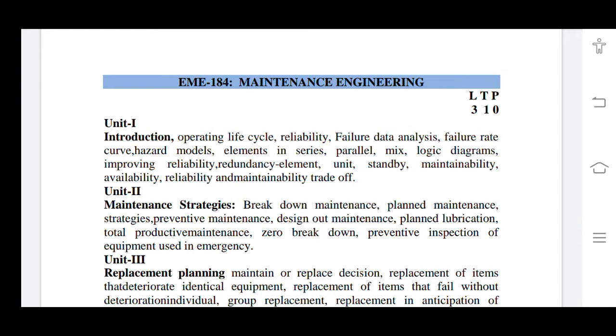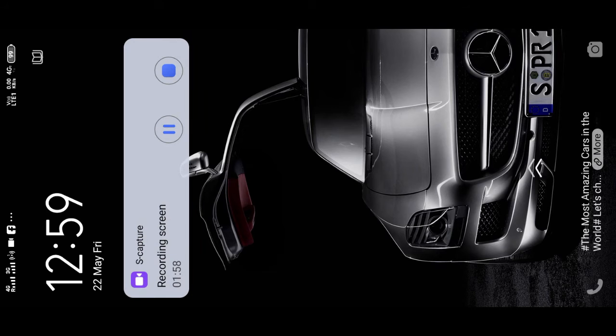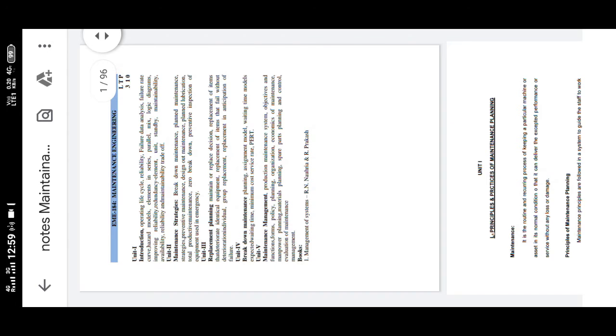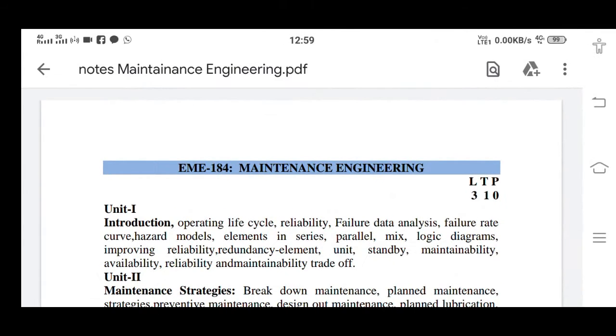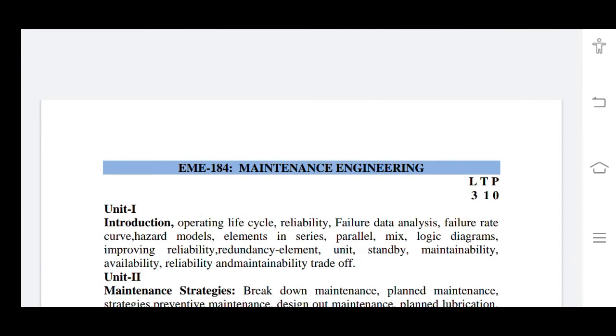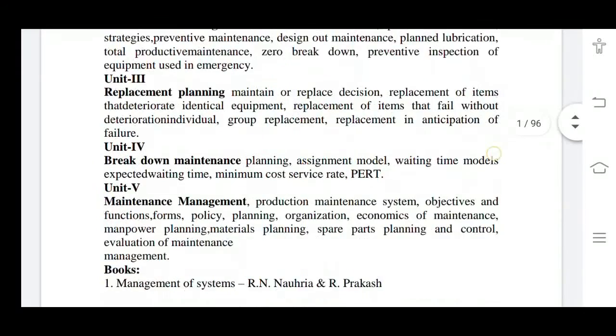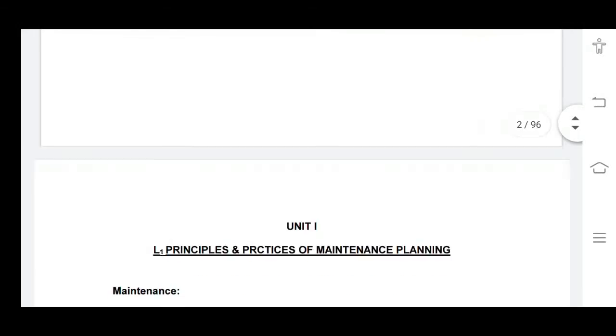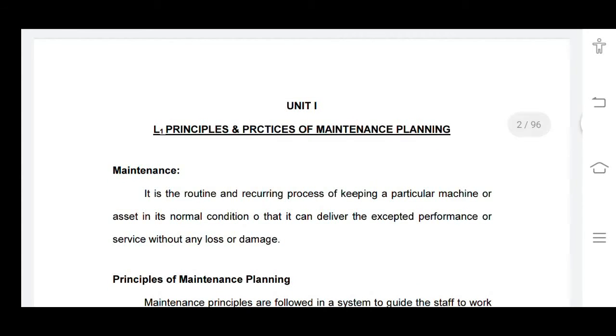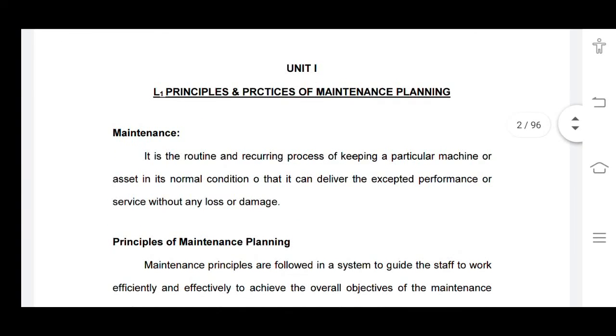If you take an example of any industry, you know that there are different stages on management level, like senior level manager, middle level manager, junior level manager.